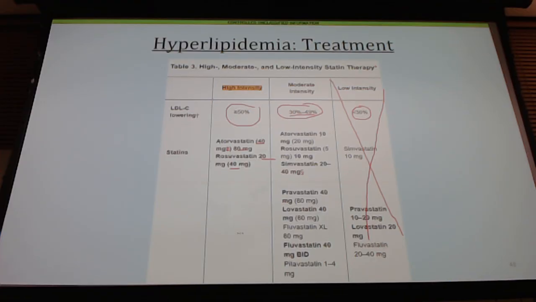Now, if I put them on smaller dosages of those medications, so atorvastatin 10 to 20, then I would expect that 30 to 49% reduction in their LDL. If I put them on rosuvastatin 5 to 10, I expect a 30 to 49% reduction there. So it's important to know which medications will get you high intensity and moderate intensity, and which dosages of those medications will get you there.